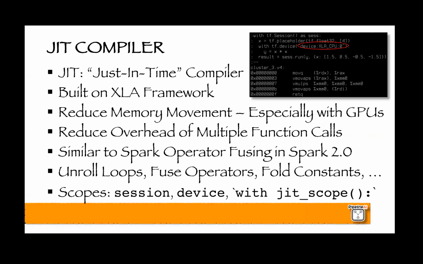Specifically Project Tungsten 2.0 in Spark 2.0, where Spark, during its data processing, can figure out which operators are being used commonly together and can physically fuse them into one Java method, one Java function, which from a JVM standpoint gives you huge performance gains because there are far fewer virtual table lookups and memory movements, moving data.